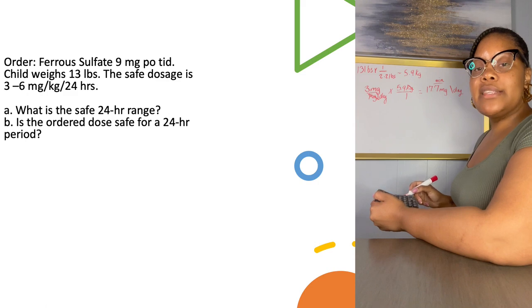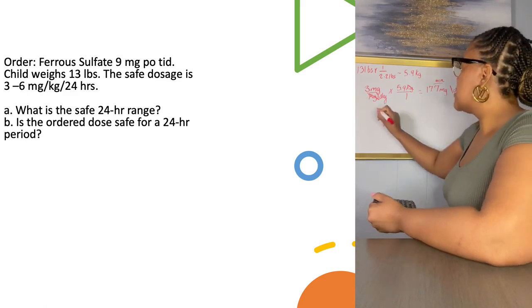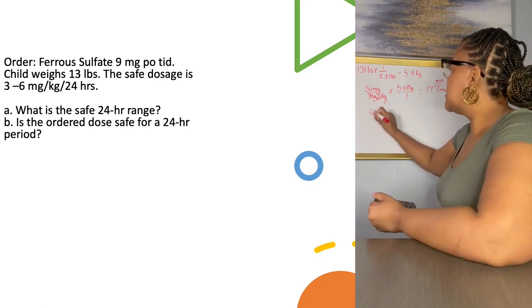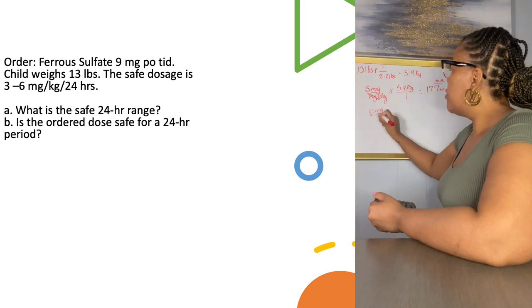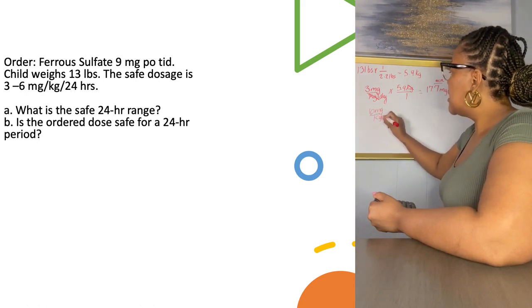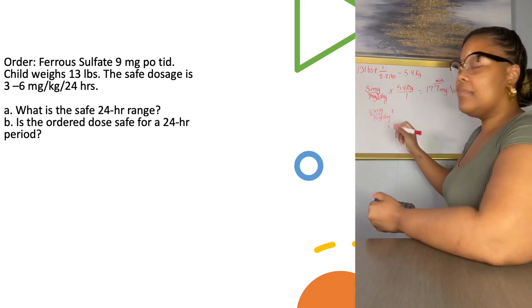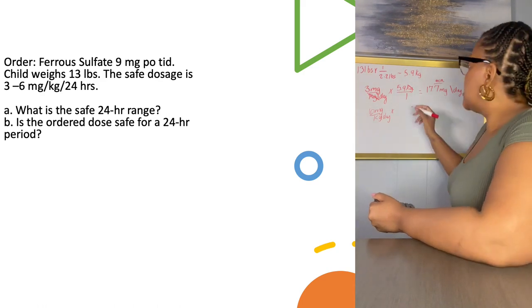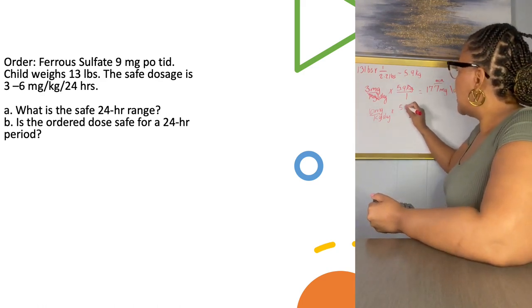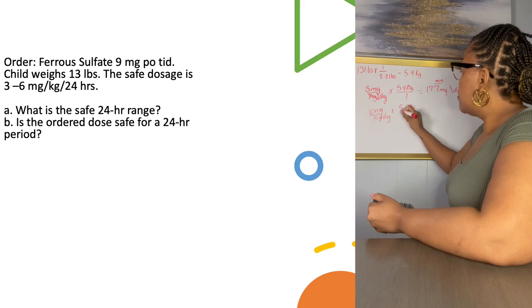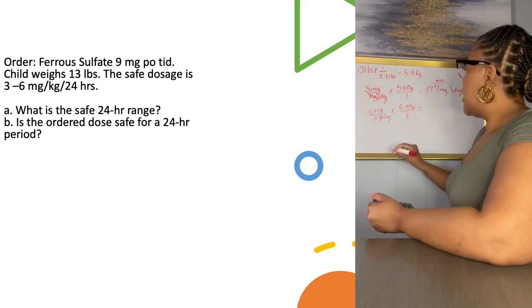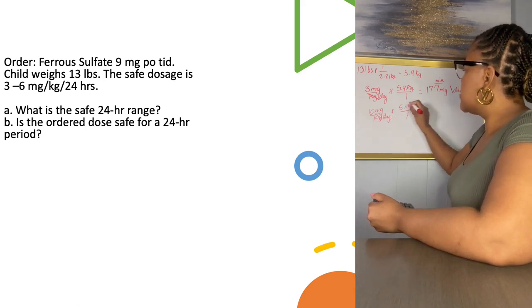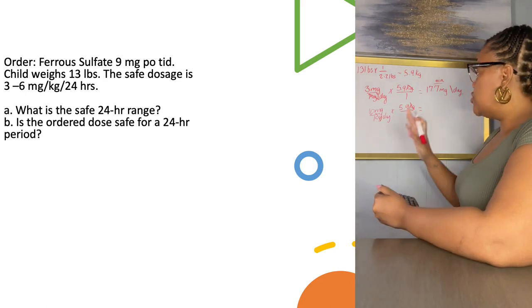All right, so now let's take the 6, which is the max. So we would set it up the same way, 6 mg per kg a day times the patient's weight, which is 5.9 kg, and we just put it over 1. All right, so kgs cancel out, and we multiply straight across.